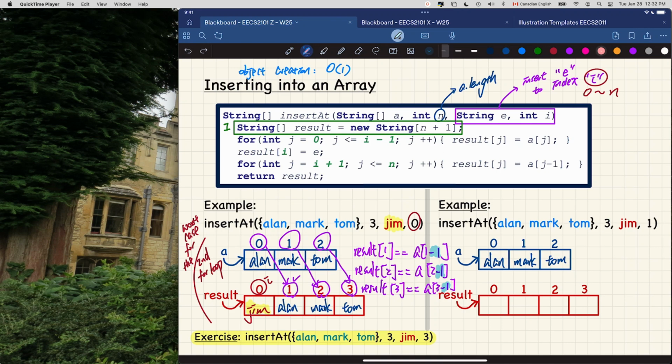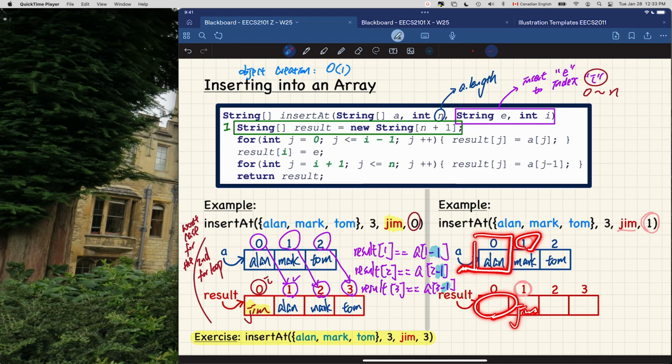So you want to focus on this value over here, that's 1. I want to insert Jim into index 1. Index 1 is here. That means I insert Jim here, but who should come before Jim? It should be whoever comes before index 1. That's insert at, exactly.